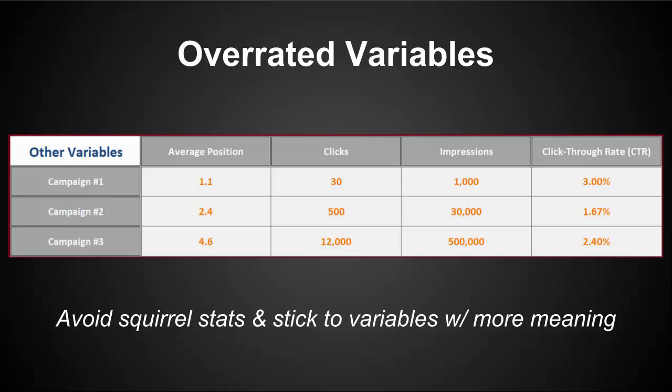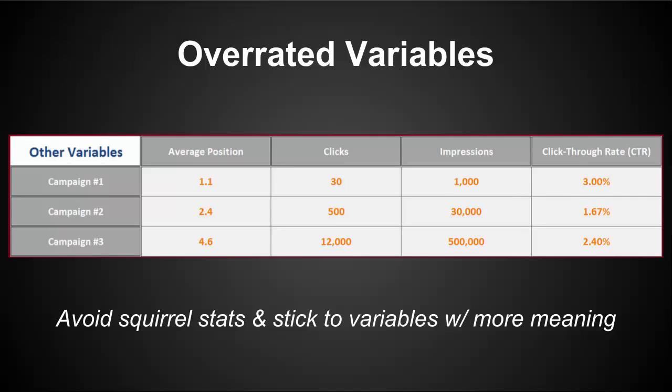You're going to have more statistically significant data in campaign number three than you are in campaign number one. Now, whether or not that data is good or bad is going to be up to the other variables, but that's kind of what clicks tell you in a campaign. But again, by themselves they do not actually tell you anything about the performance of that campaign.